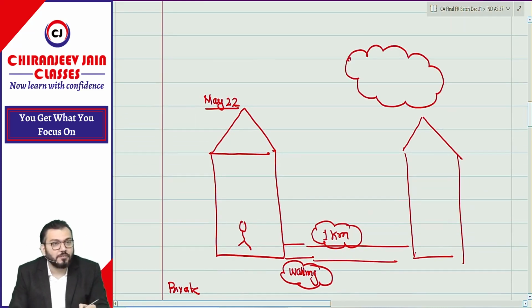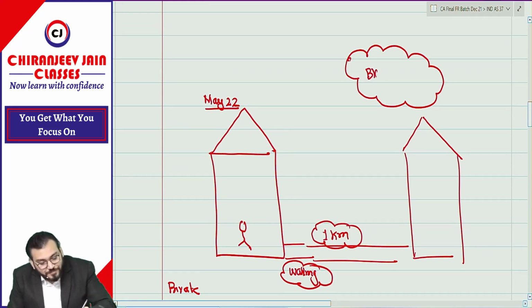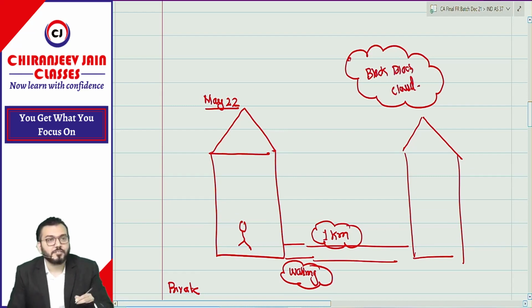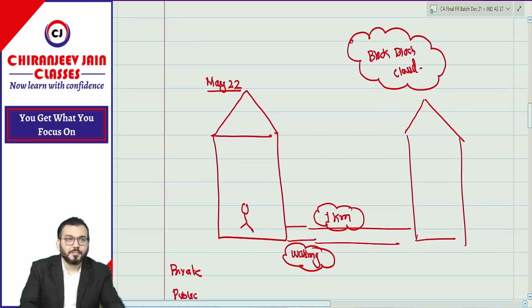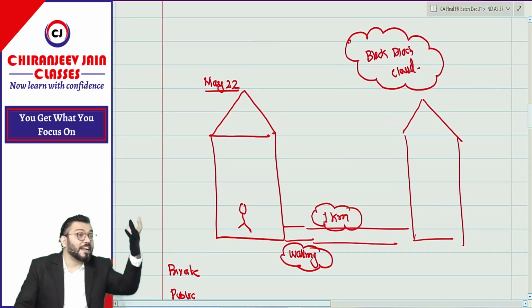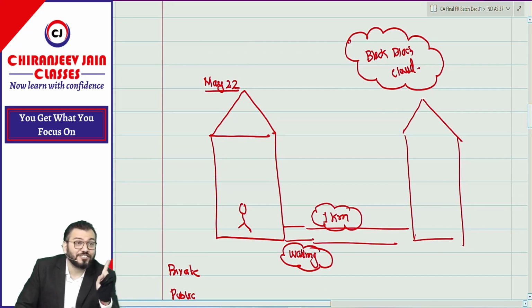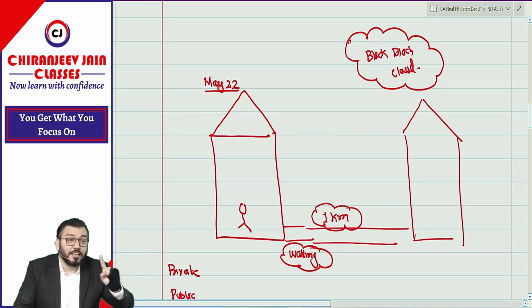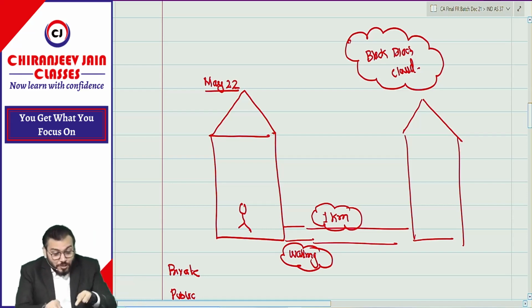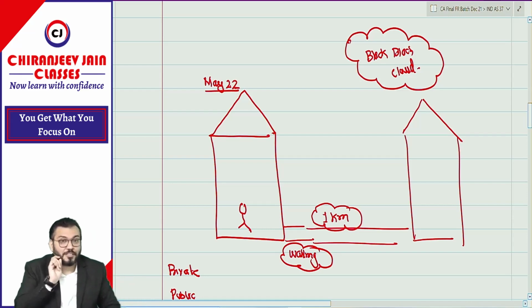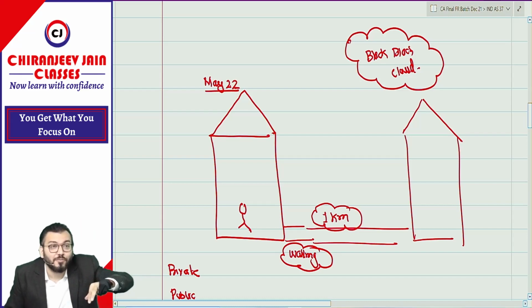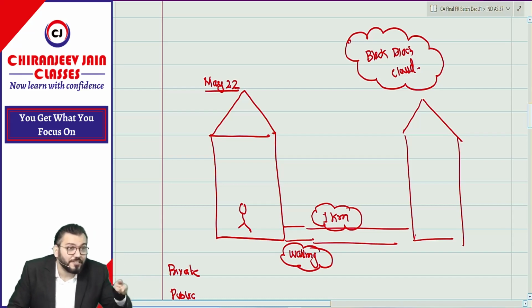Black cloud. Understood? Now, right now rain has not started, only cloud is there. If the rain starts, he may not write the exam, because he will go only by walking. There is a chance of rain.